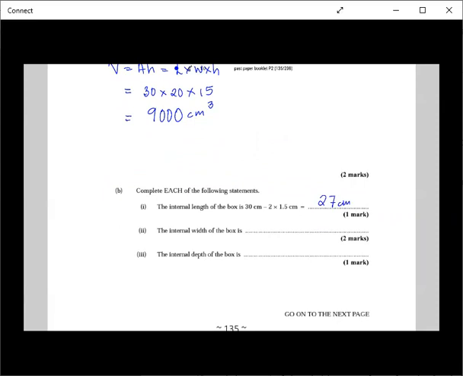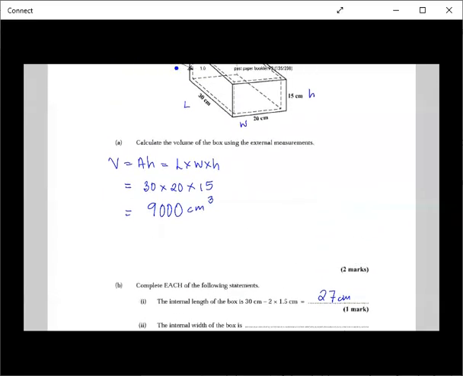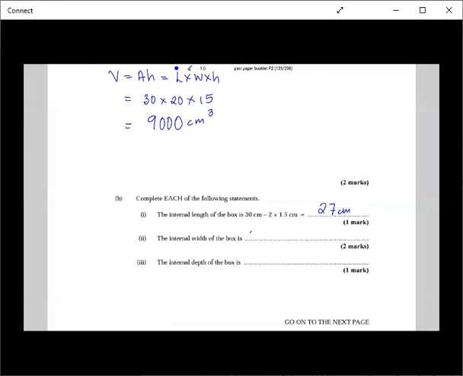It says the internal width. So the internal width would be 20 minus 2 times 1.5, and this would be equal to 17 centimeters. 2 times 1.5 is 3, so 20 minus 3 is 17.